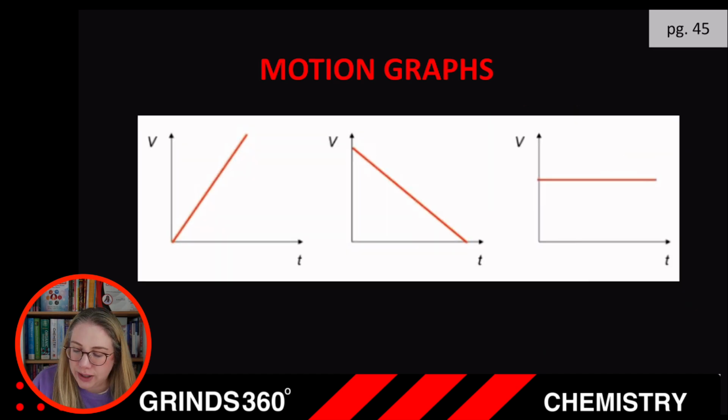Now this last one, so these three, you should be able to identify what these are telling you. On the y-axis for each of them, we have velocity versus time. Now, when you have speed or velocity versus time, what is that giving you information on? It's giving you information on acceleration.